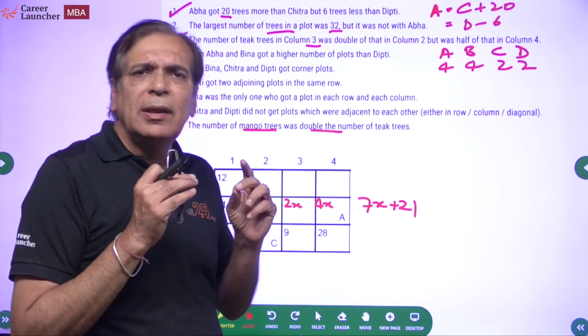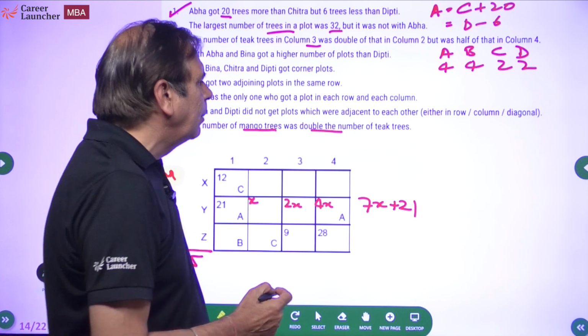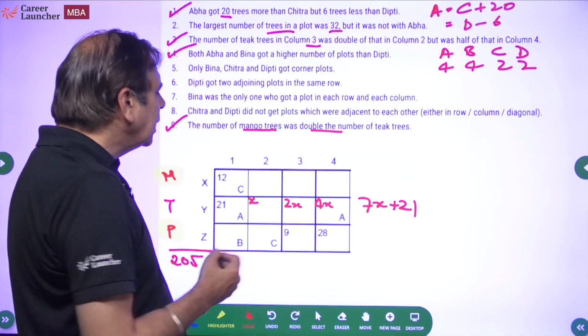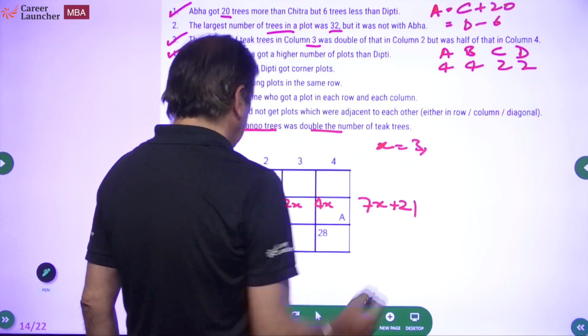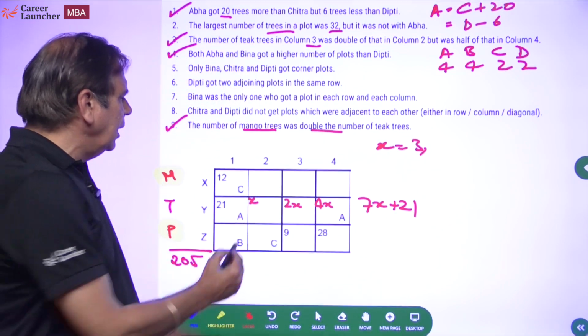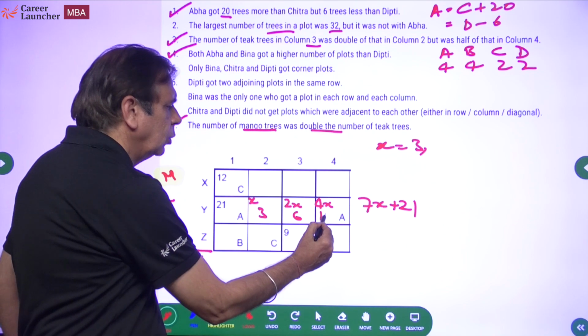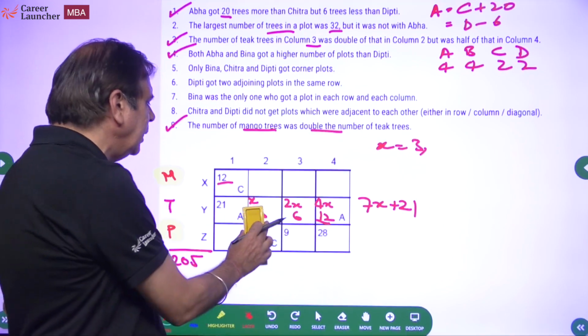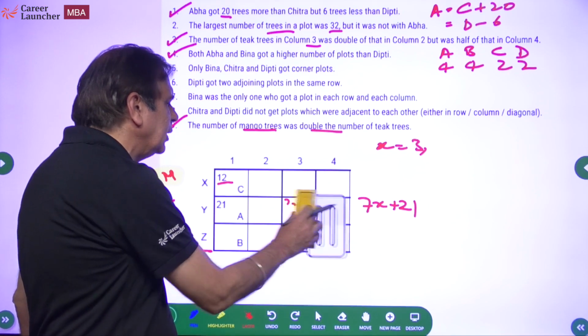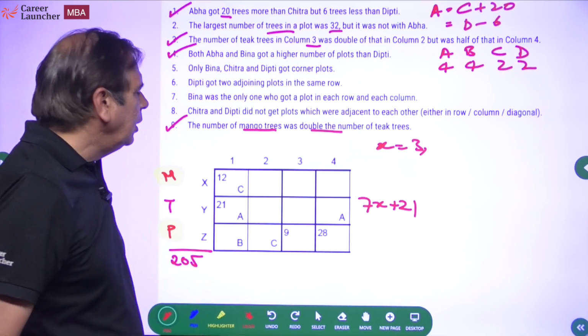The number of trees in each plot is either a multiple of 3 or 4. So what is the minimum value of x? x can be 3. If x is 3, this becomes 3, 6, 12. Not possible. The number of trees is different in each of the plots. Hence, 3 cannot be there.